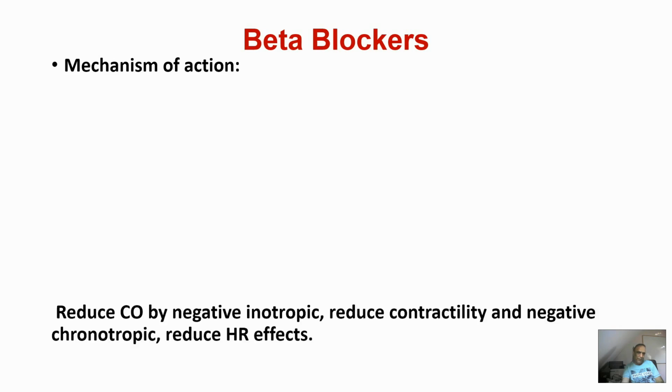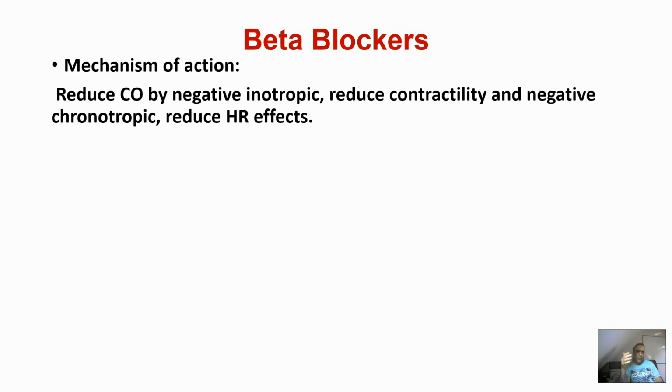Mechanism of action. As I explained, beta blockers block the effect of epinephrine and norepinephrine. In this situation, they reduce cardiac output by a negative inotropic effect in the heart, reducing contractility, and a negative chronotropic effect, reducing heart rate.